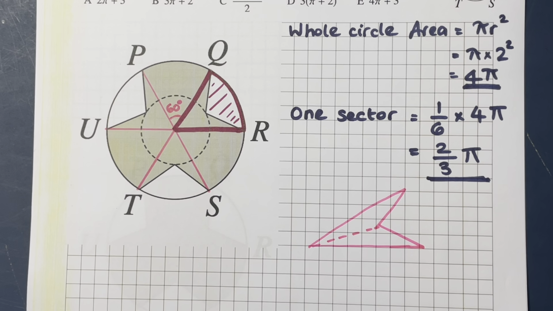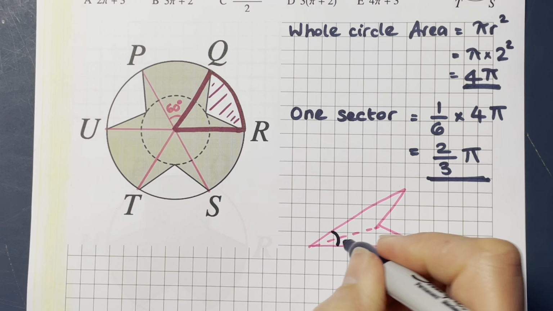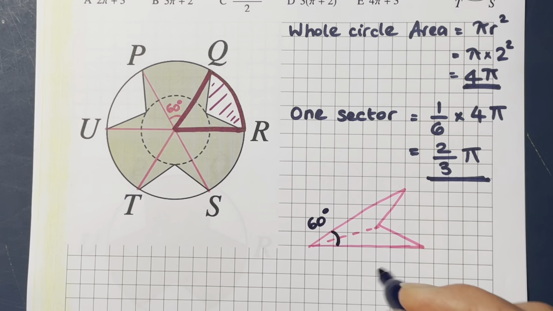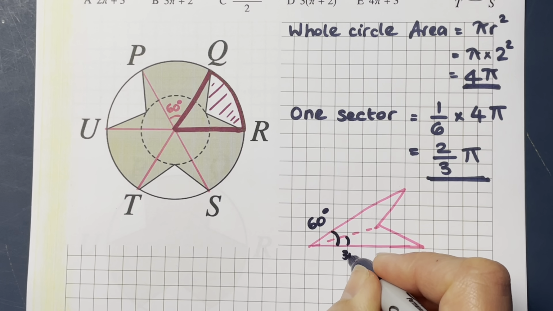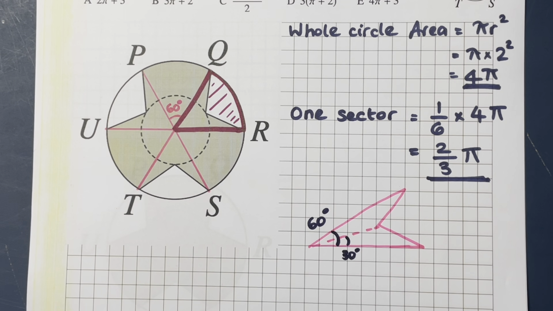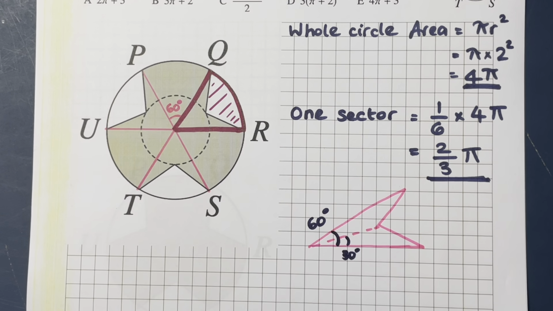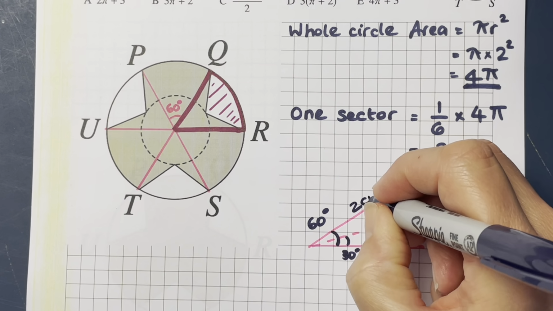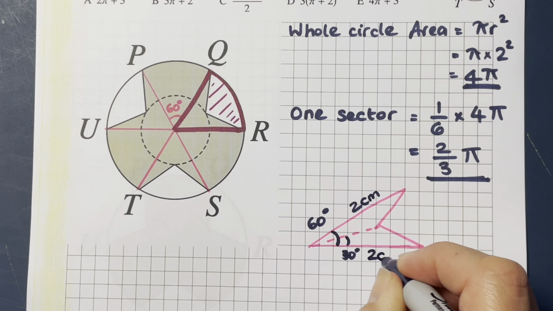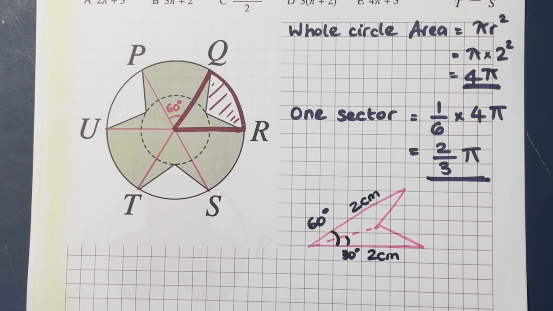I also know that this whole angle here is 60 degrees, and therefore that is going to be 30 degrees. I know that this distance here is 2 centimetres. So I've got a 2 centimetres here and I've got a 2 centimetres there.